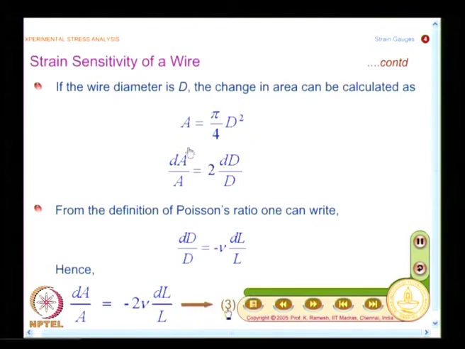Then I can simply write dA by A as 2 dd divided by d, and from the definition of Poisson's ratio one can write dd by d equal to minus nu times dL by L. So, I can write dA by A as minus 2 nu times dL by L. See, this is the very basic development of the equations.